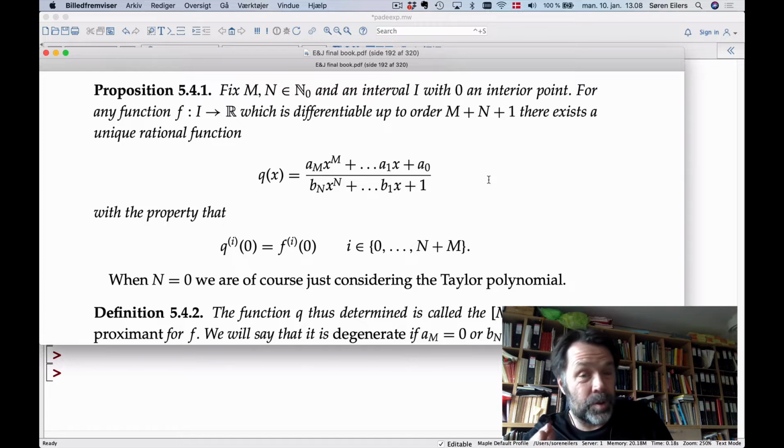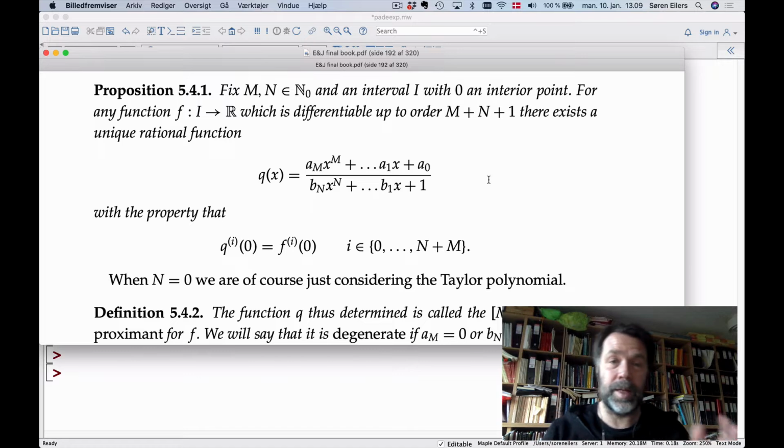Of course, you're very familiar with this. If n is 0, then I'm just asking, is there a polynomial that matches up with f on the first derivatives? And of course the answer is sure, you can look at the Taylor polynomial.